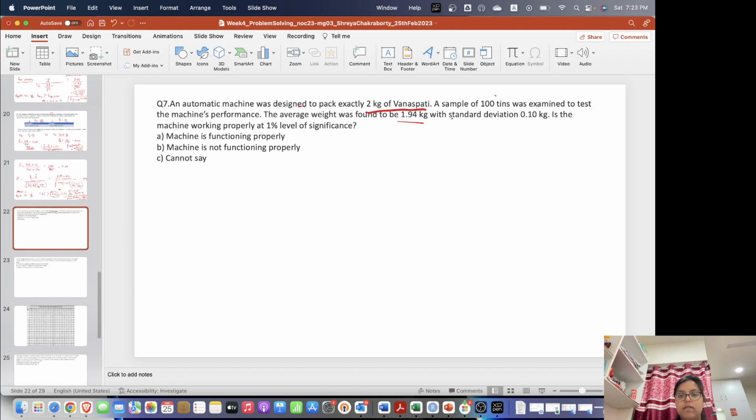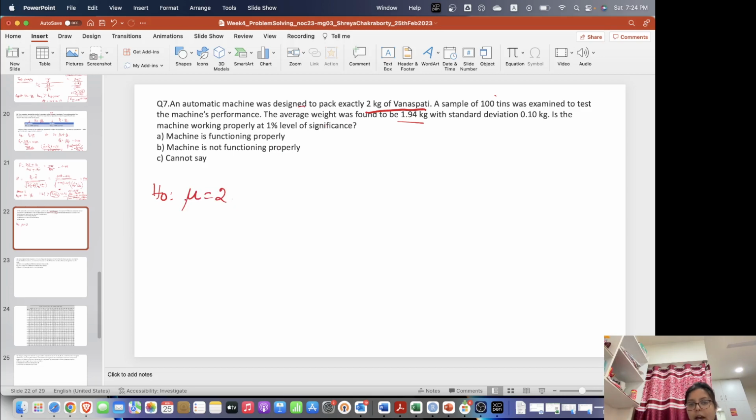So firstly, let's say that if the machine is working fine, then it should pack exactly 2 kg of vanaspati.